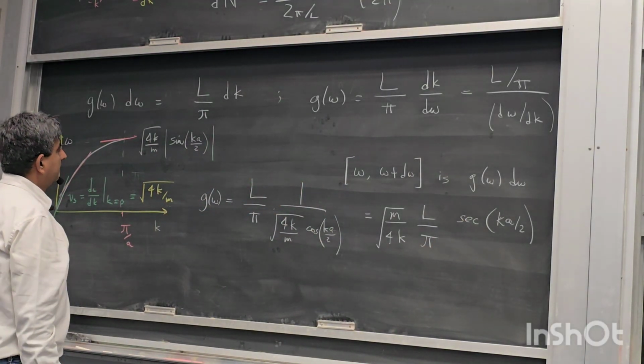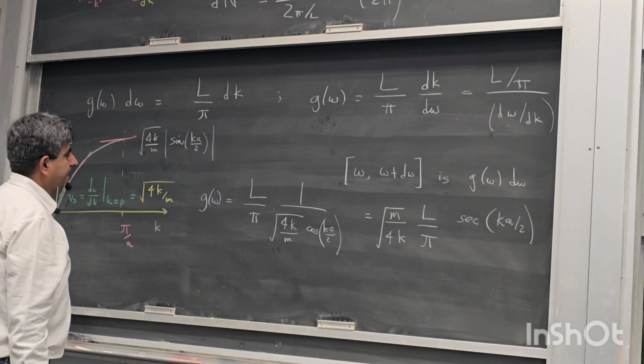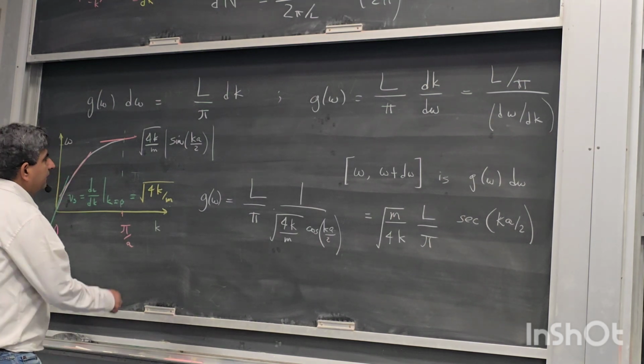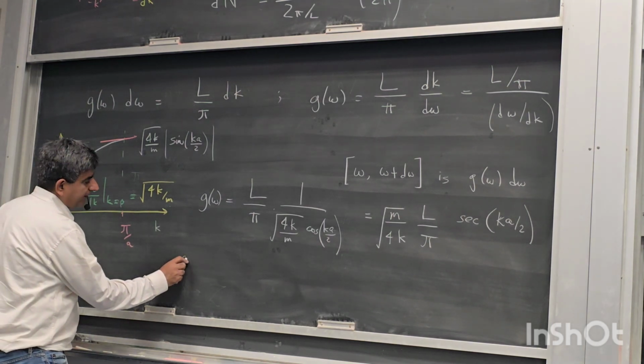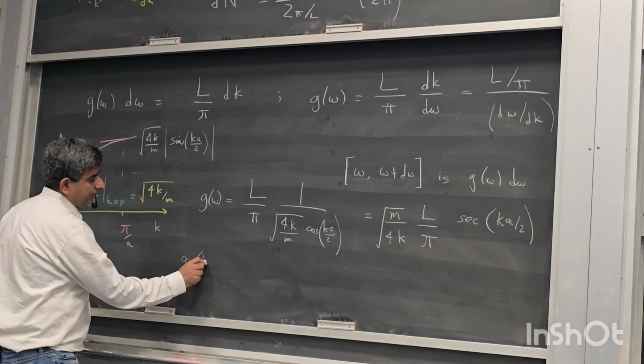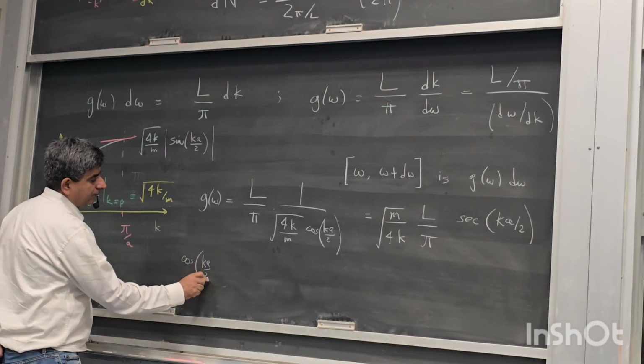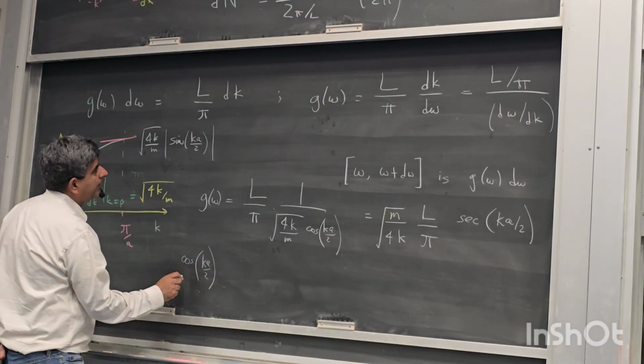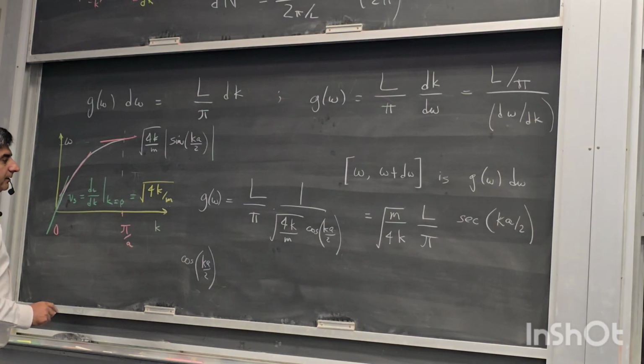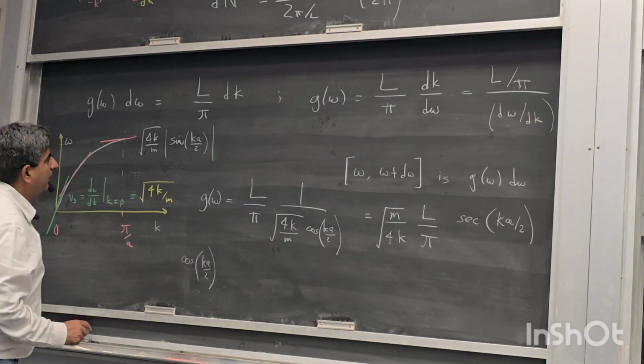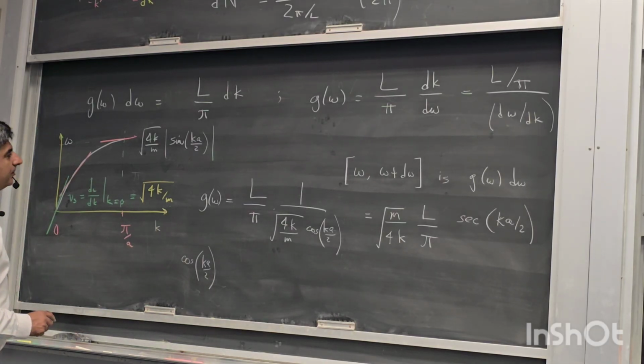So I can also write cosine ka over 2 as square root of 1 minus sine square ka over 2, and so on. So this is my dispersion relationship.